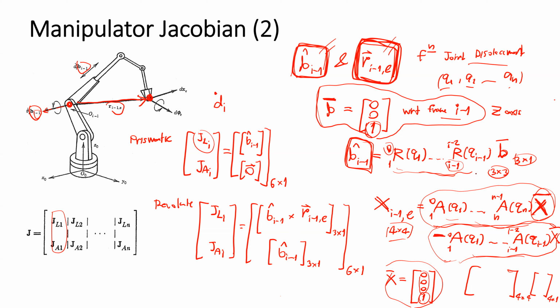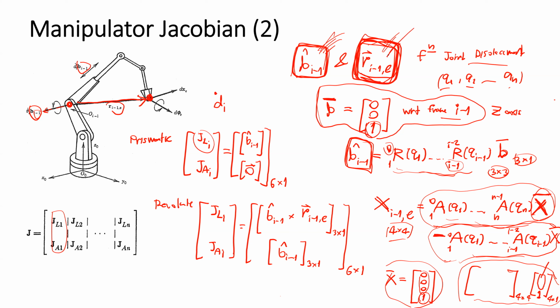Yes, the total dimension of this product will be 4 by 1, but the relative position vector should be 3 by 1. So we just pick the first 3 components to be the relative position vector, because the last component, of course, will be 1. And yeah, here is the idea. How can we find the unit vector and the relative position vector?